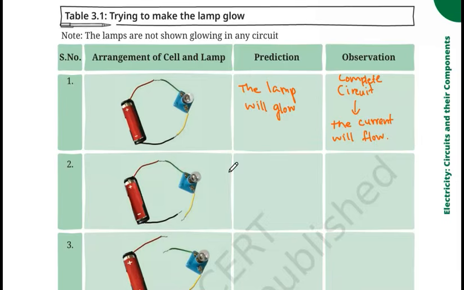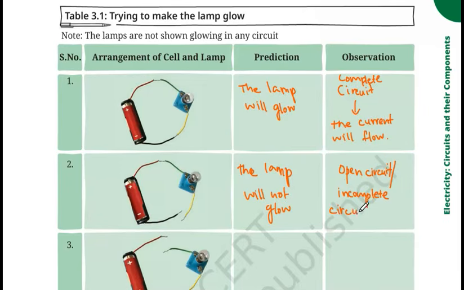Now, in the second case, the lamp will not glow. And why will the lamp not glow? Because you can see the circuit is not complete. It's an incomplete circuit or an open circuit.